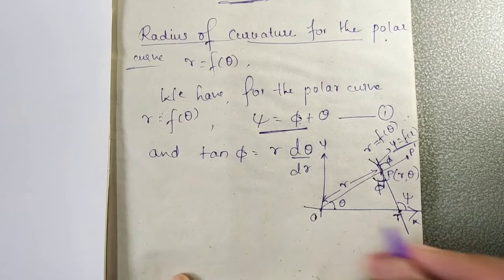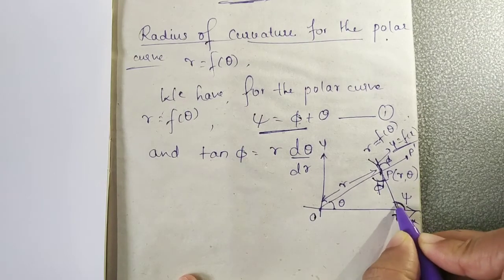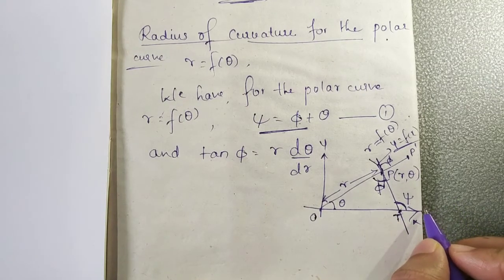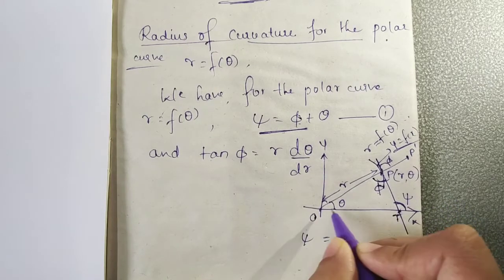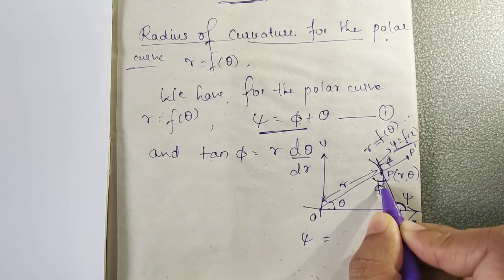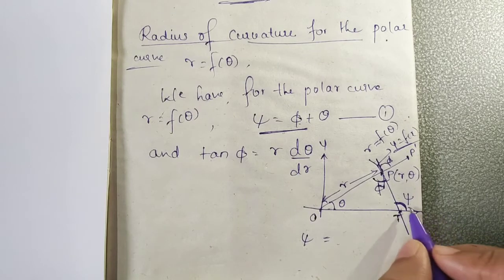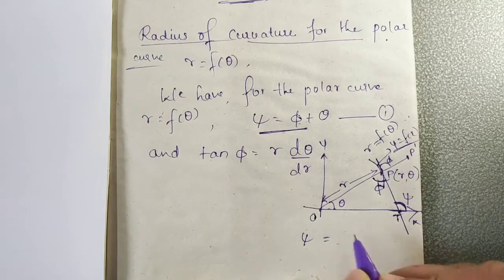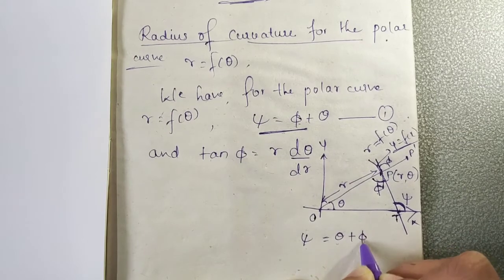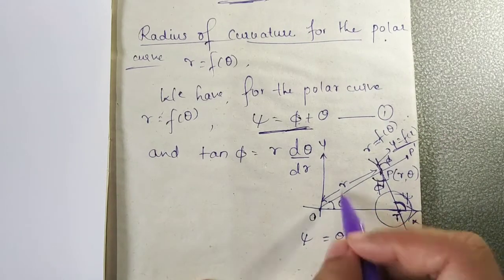So by using this notation, you can write this is the outside angle, right? So this angle will be equal to, total, this is 180 degrees inside the triangle, and this angle is psi, and the whole angle on this line is 180. Therefore this angle will be equal to theta plus phi. By this result, we have this identity. Am I clear?